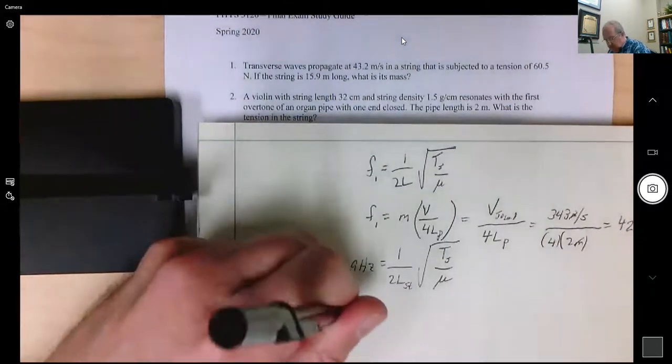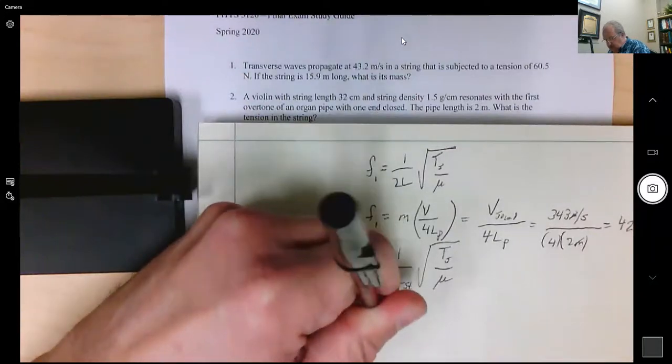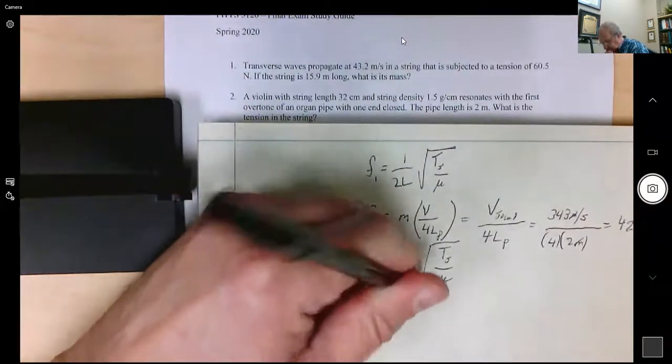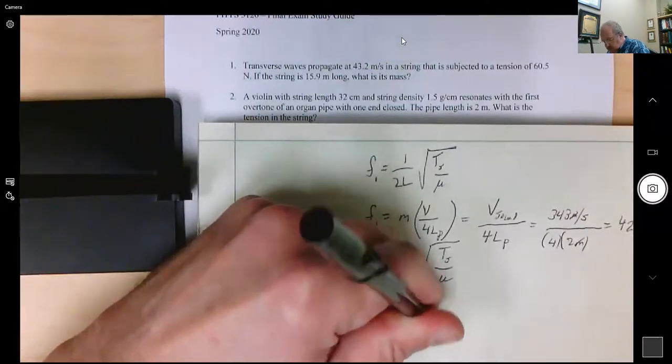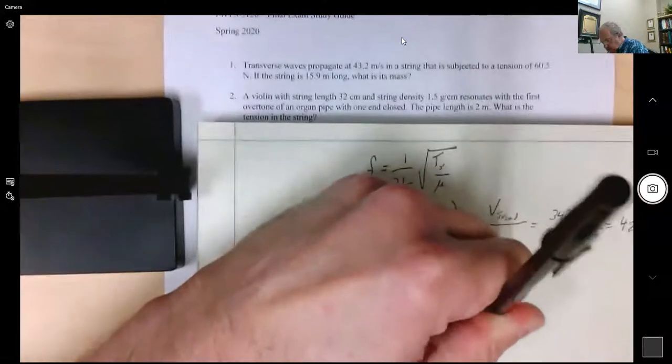So 42.9 hertz times 2 times the length of the string is equal to the square root of the tension of the string divided by mu.